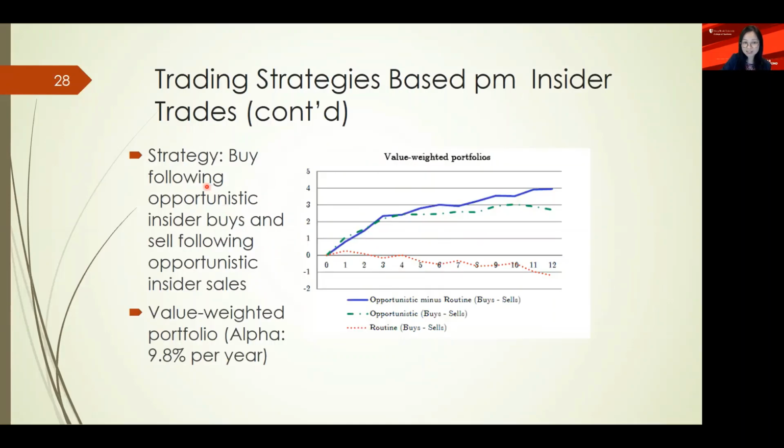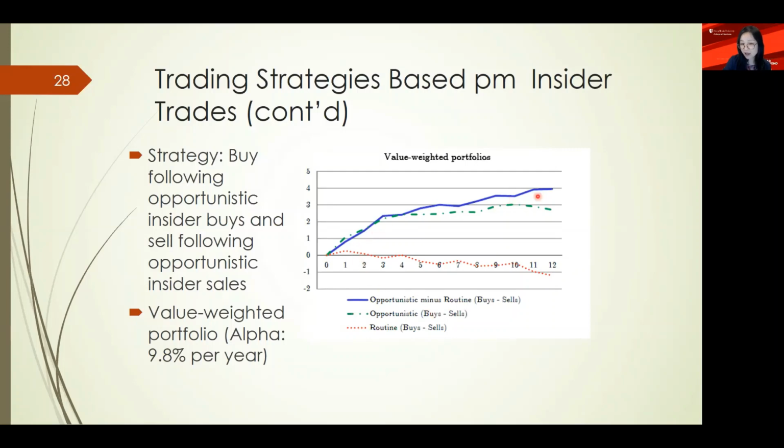Their strategy is to buy following the opportunistic insider buy trades and sell or short following opportunistic insider sales. They do a value-weighted portfolio, and they show the alpha is nearly 10% per year. So what is this?